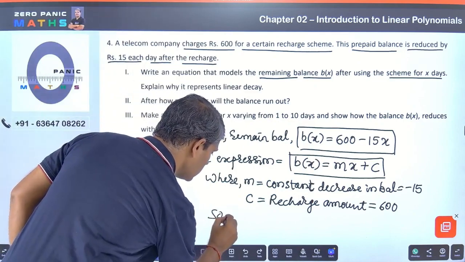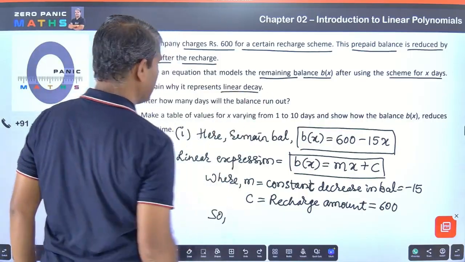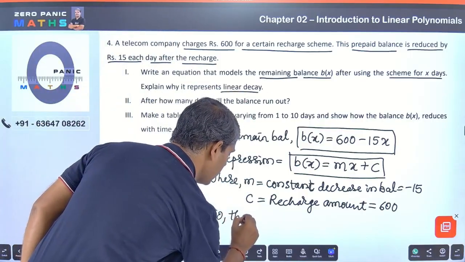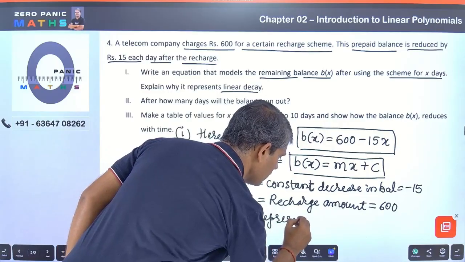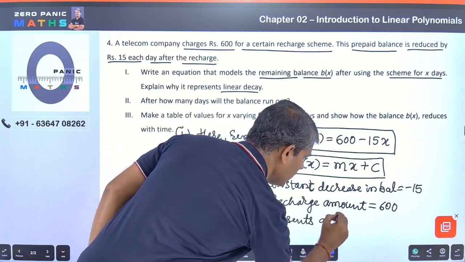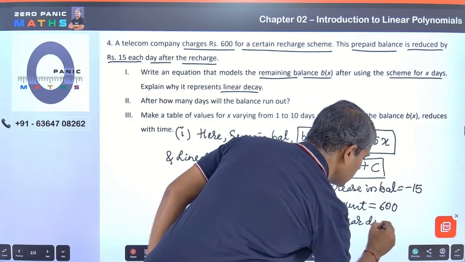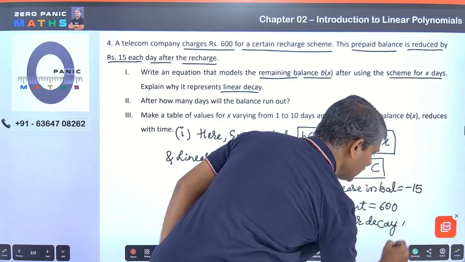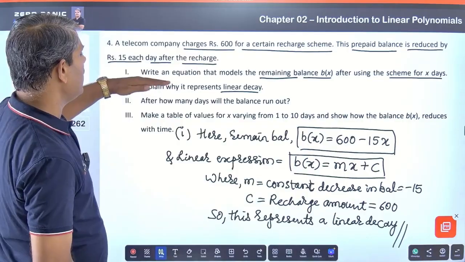Therefore, we can say this is a constant decay or linear decay. So this represents a linear decay. This is the answer to the first question. We need to answer this in this descriptive manner. So this is the first question.